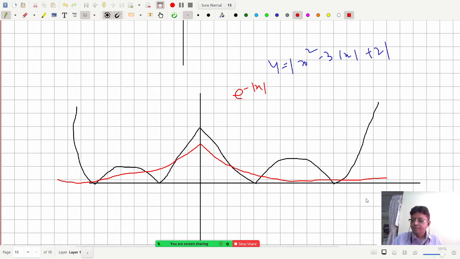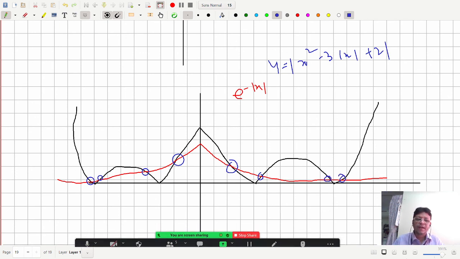Now, how many intersection points do you have with this? How many solutions do you have? So look at that. You have 1, 2, 3, 4, 5. You have another one here, 6, 7, and 8.